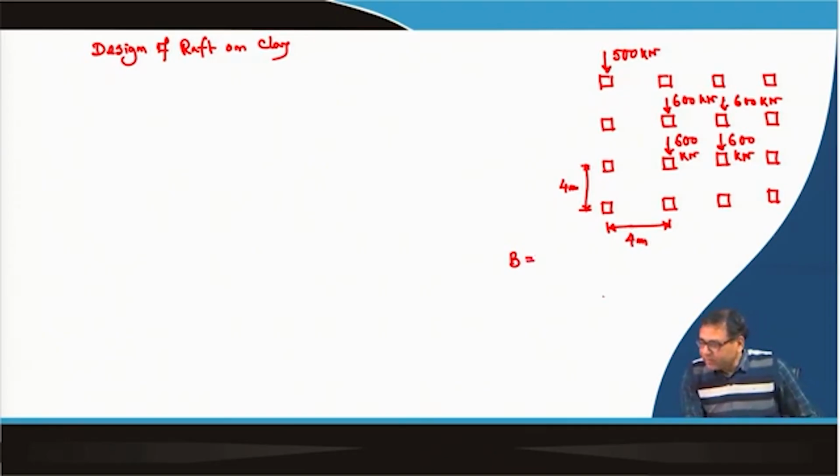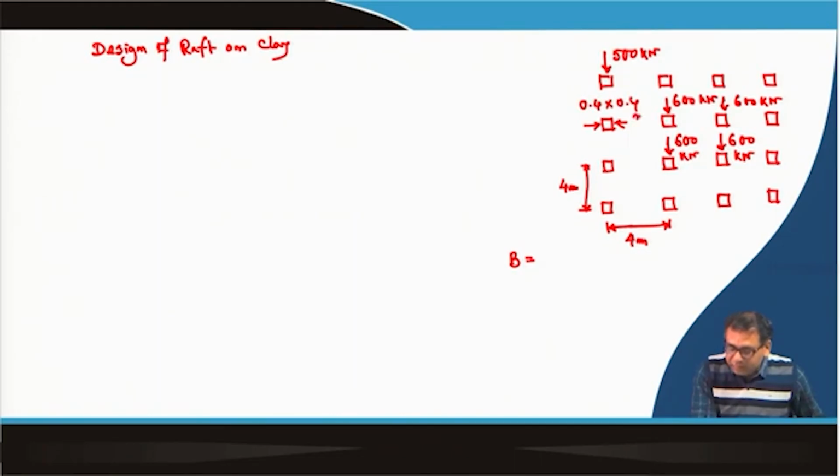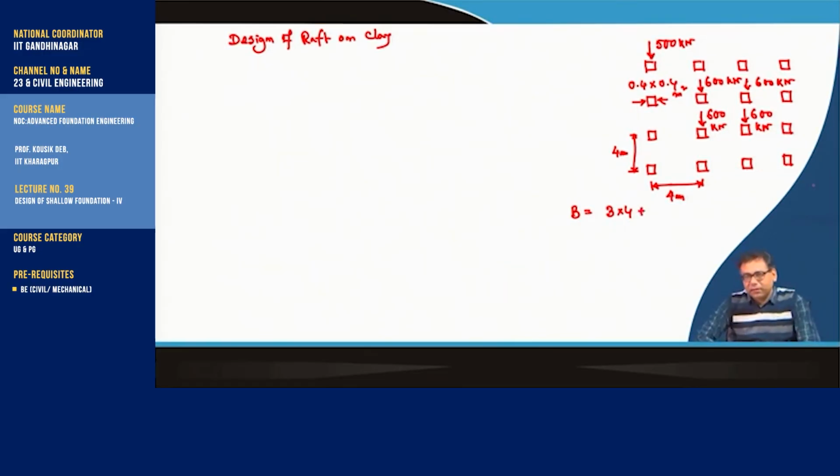The column dimensions are also given, 0.4 cross 0.4 meter square. So the minimum dimension will be, this is 4 meter, 4 meter, 4 meter, so this will be 3 into 4 meter, and then on both sides 0.4 by 2 plus 0.4 by 2. So 12.4 meter is the minimum dimension that we have to provide.